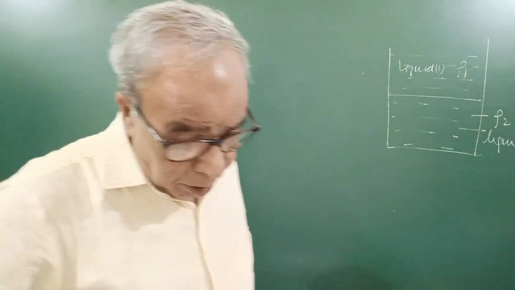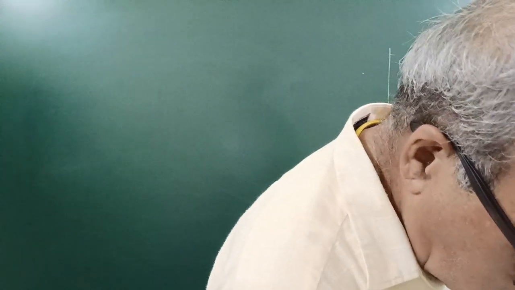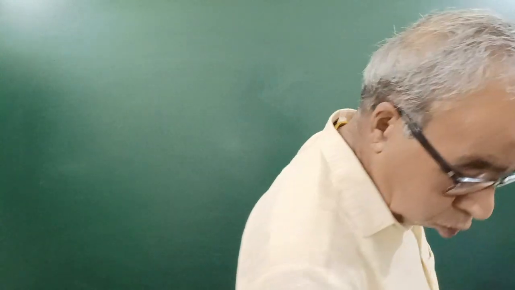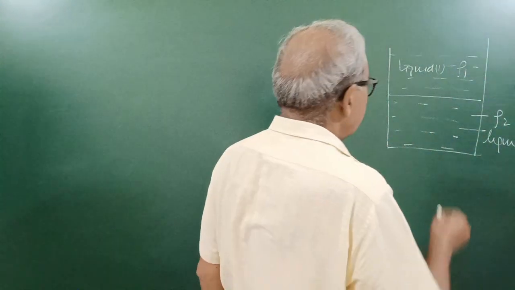Here is a spherical body. A jar is filled with two non-mixing liquids 1 and 2 having densities rho 1 and rho 2 respectively. A solid ball made of material of density rho 3.